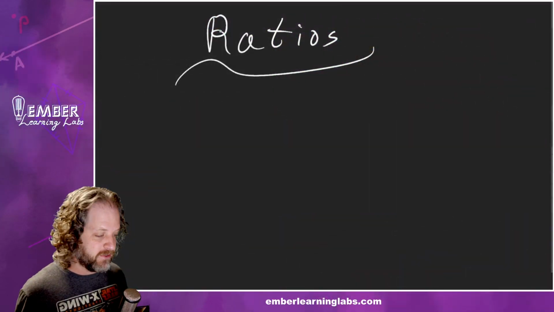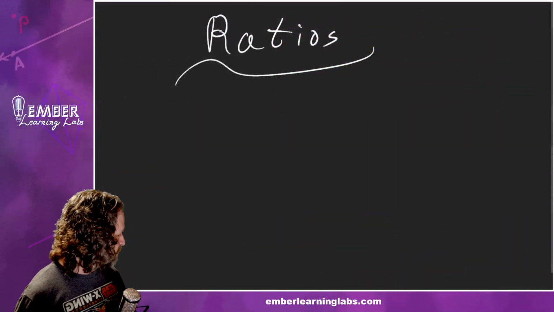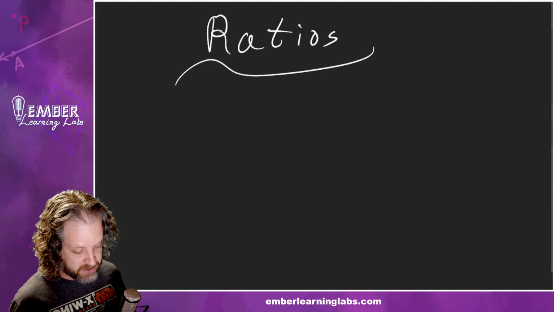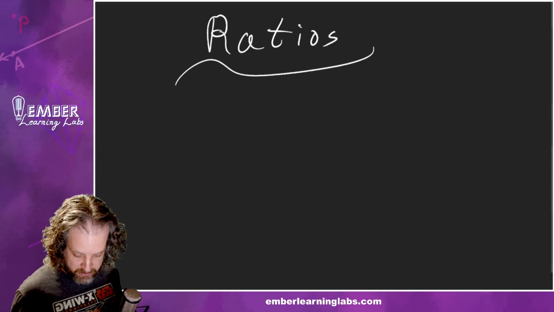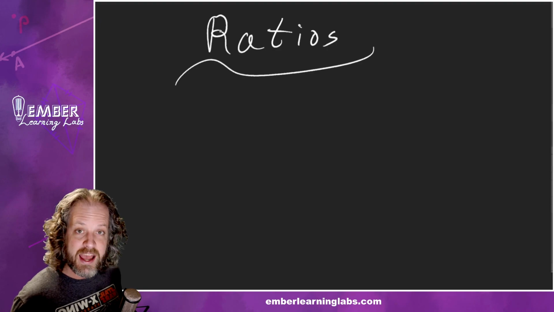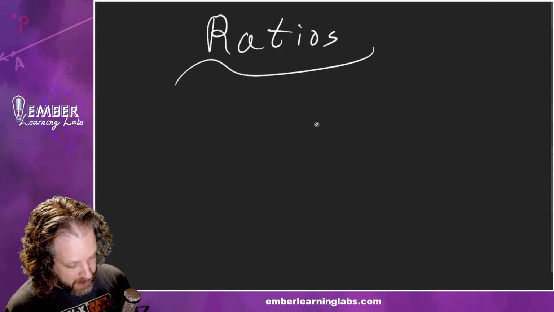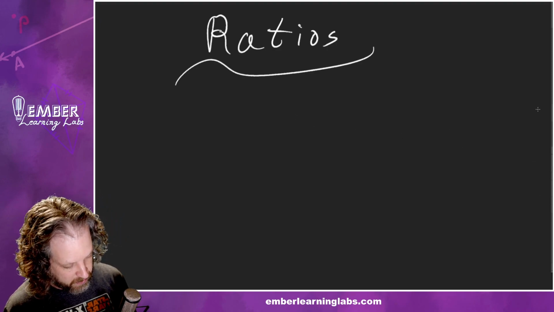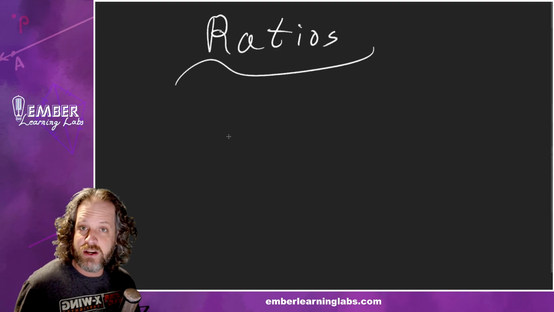Let's jump in. So ratios and proportions is what we're talking about in this lesson. So what is a ratio? Reminding you, reviewing to you, a ratio is where we compare one number to another number, right? And we can write ratios a few different ways.